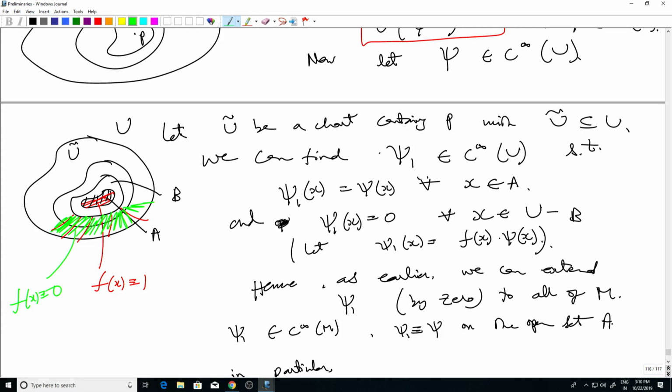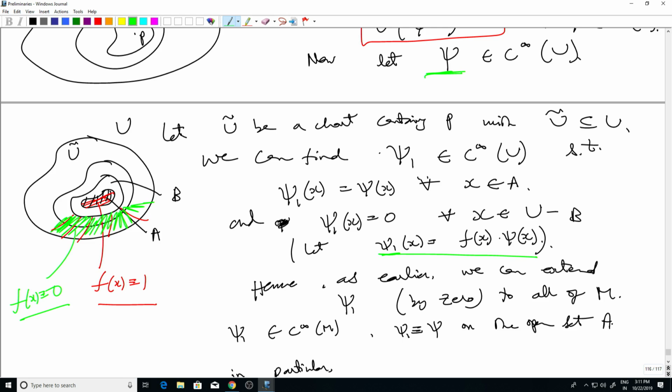I'll take such a function and multiply it with the function C that I'm starting with here, and I'll call this C1. Well, what is the main property that we want? C1 is C of x if x is in A, because f of x is 1, and if I'm outside B, then f of x is 0, so C1 would be 0 as well.